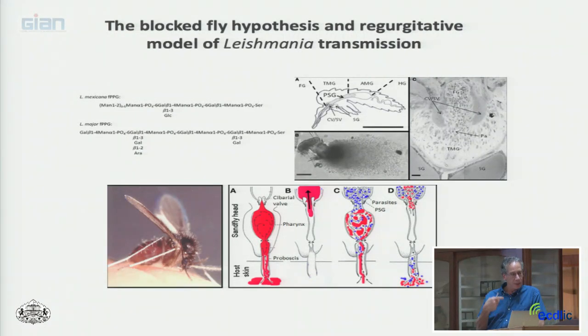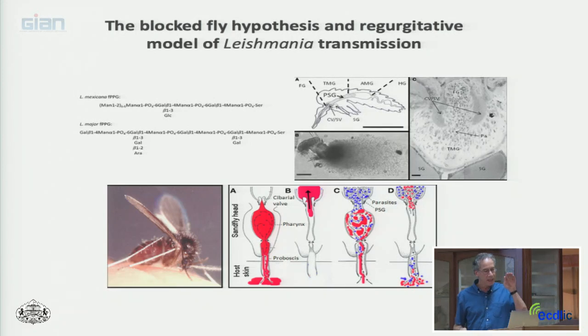We've seen this beautiful accumulation of huge numbers of parasites, mainly metacyclics, in the most anterior regions of the midgut, behind this stomodeal valve here.